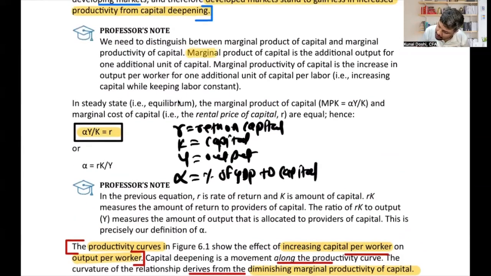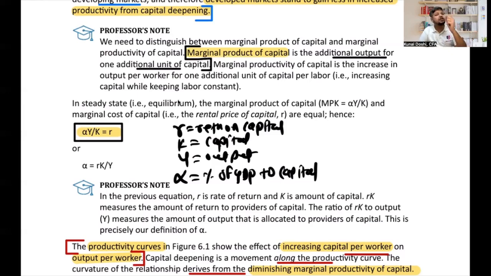What is marginal product of capital? Marginal product of capital means how much will be the increase in the GDP or output due to putting in more capital. So marginal productivity of capital is the additional output for one additional unit of capital.